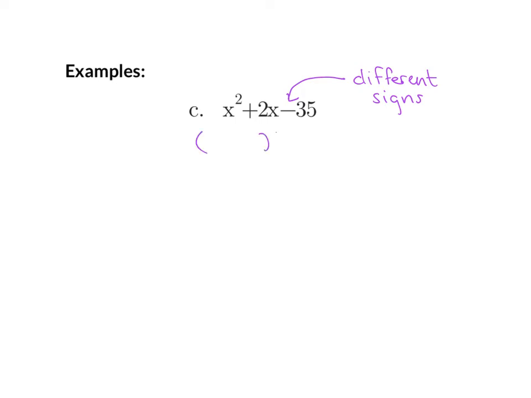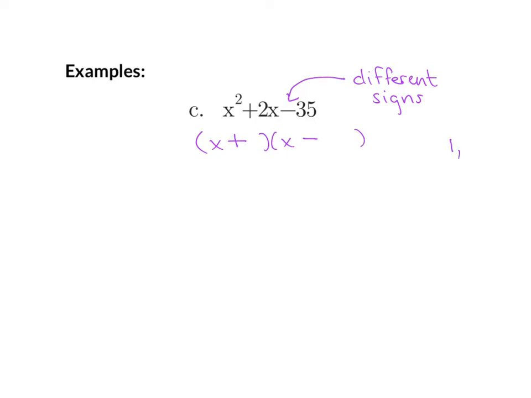So I'm going to write out my two parentheses. My firsts, again, are x and x. And I'm just going to put my signs in. It doesn't matter where they go at this point, but we know that they are different. Okay, so now I want to know what multiplies to 35.